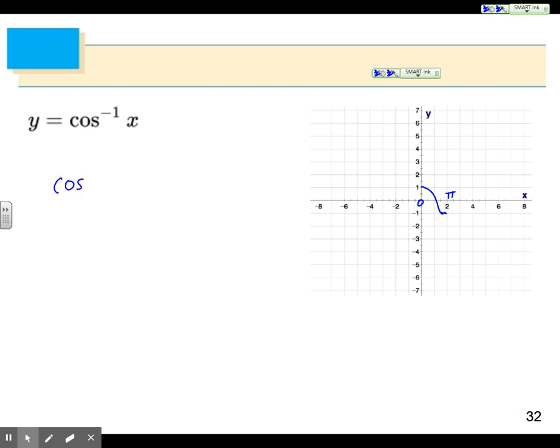Okay? If I'm going to write this correctly, remember cosine inverse of, let's use x right there, is going to equal y if and only if cosine of y is equal to x. The big thing we have to remember is that this y right here has to be between 0 and pi.